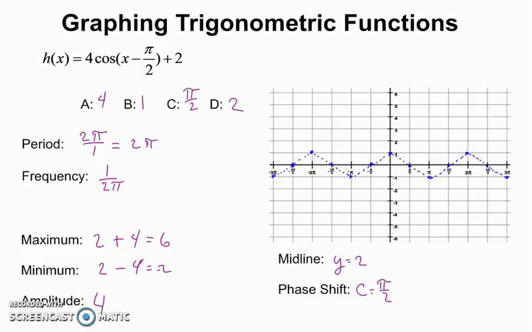So let's get our midline in there at positive 2. Okay, so there's our midline. Y equals 2. Okay, and like last time, we're going to move all the zeros first. Now this time, our phase shift is only a pi over 2. So that means each of the zeros, it's only moving to the right 1.